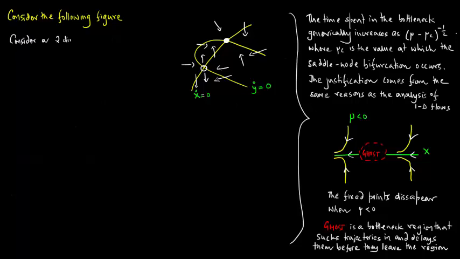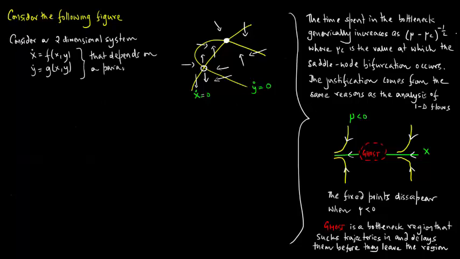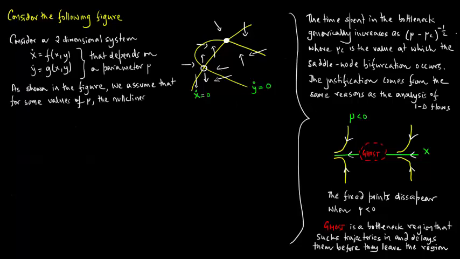Let's consider a two-dimensional system. x dot is equal to f of x, y, y dot is equal to g of x, y, that depends on a parameter mu. As shown in the figure, we assume that for some values of mu, the null lines intersect.